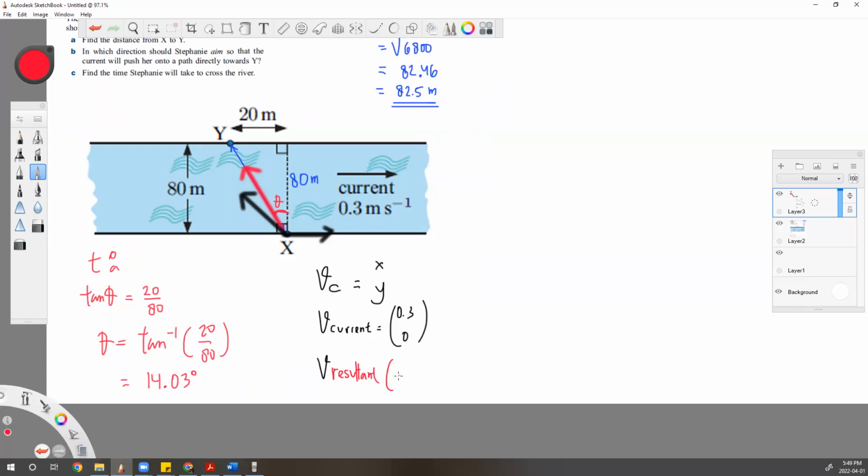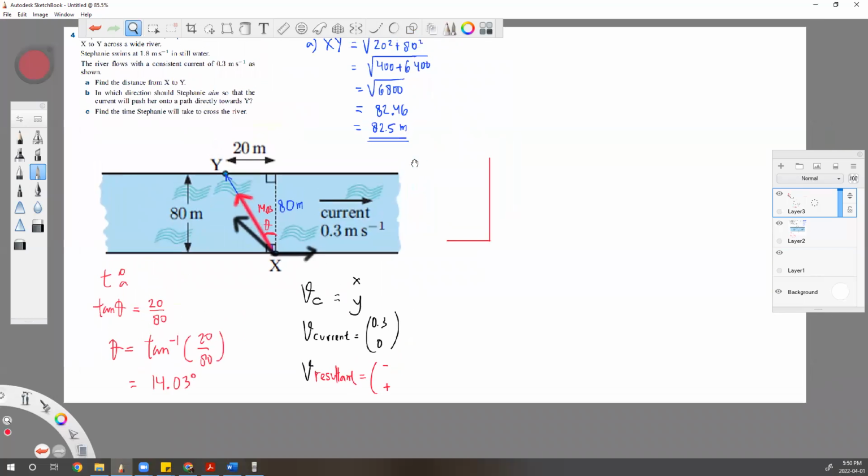What is the X? What is the Y? We have the theta right now, 14.03. Going up and going left, so the X is supposed to be negative, the Y is going up, right? You count this. Get the idea?